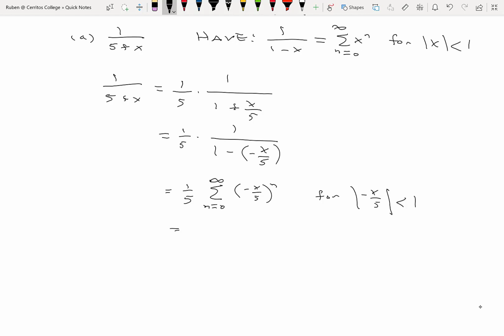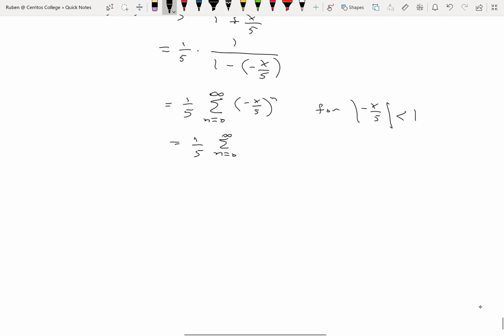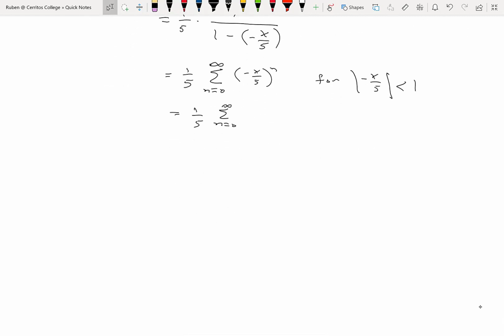I can rewrite this as 1/5 times the sum, n ranges from 0 to infinity, of negative x to the n over 5 to the n. If I multiply both sides by 5 and eliminate the negative because of the absolute value, there's my interval of convergence.